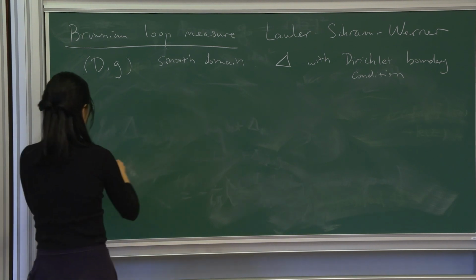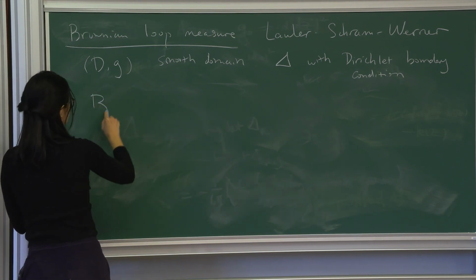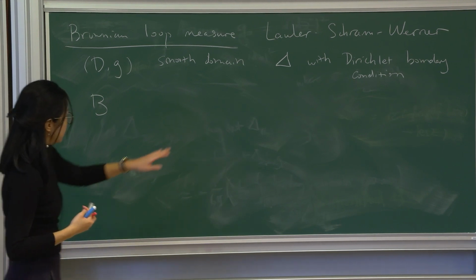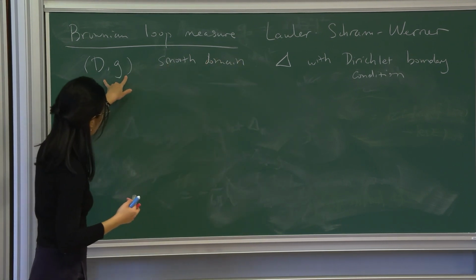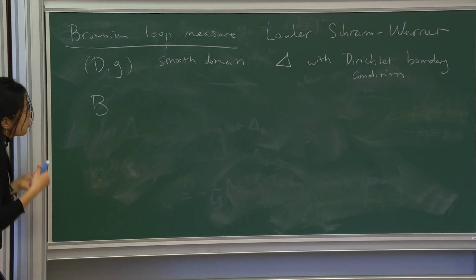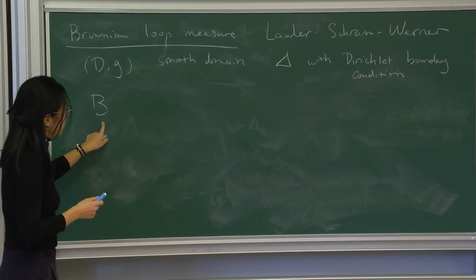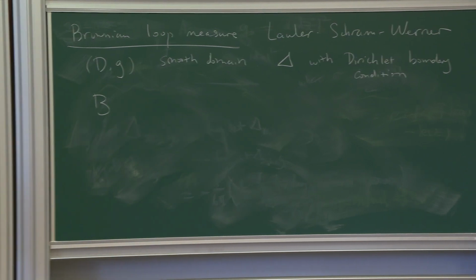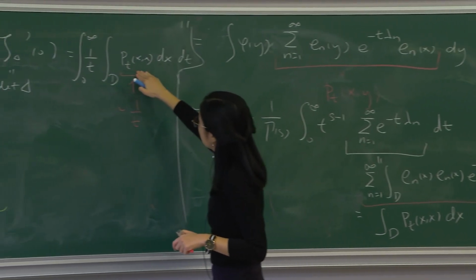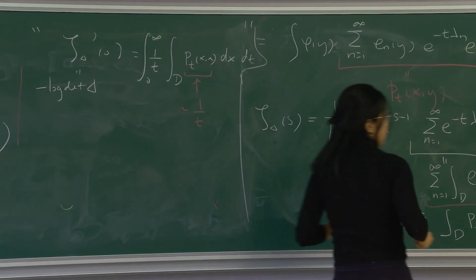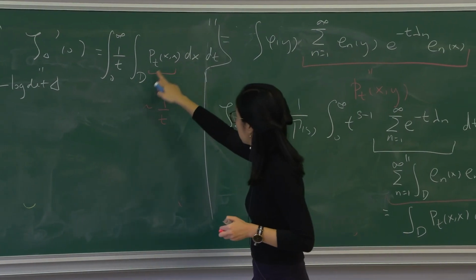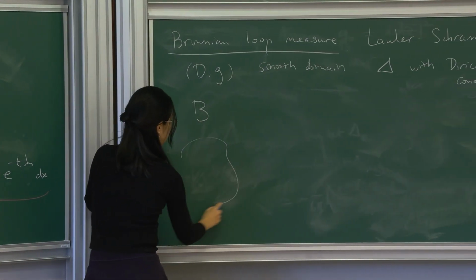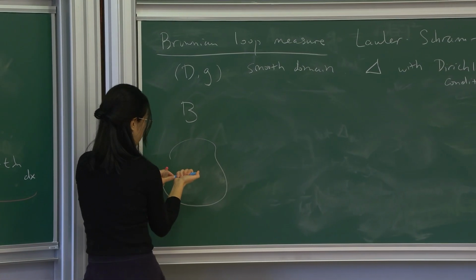And let me take Brownian motion. That would be the diffusion generated by the Laplacian on this domain. And literally, it just means it would have the distribution behaving like this heat kernel, the heat kernel with boundary condition, which is 0 on the boundary of D. If you want, you can think of I run my Brownian motion.